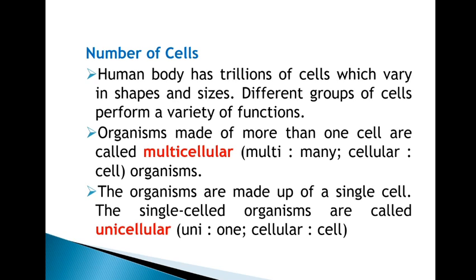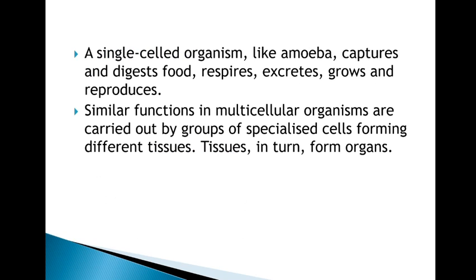Just look at an example of a unicellular organism. The best example is the amoeba. Amoeba is a single celled organism which captures and digests food, respires, excretes, grows, and reproduces. Similar functions in multicellular organisms are carried out by groups of cells.